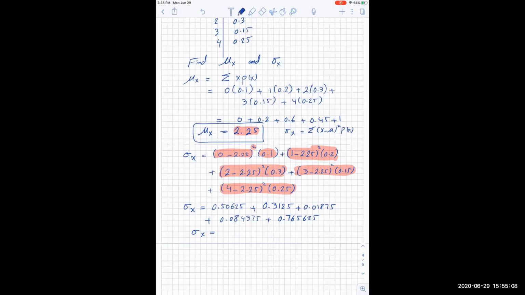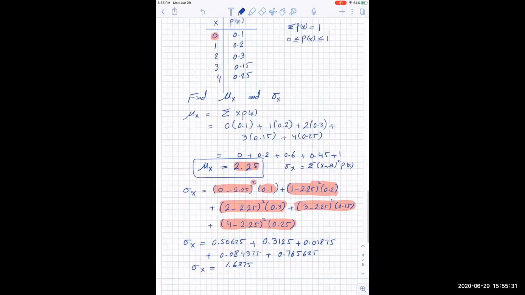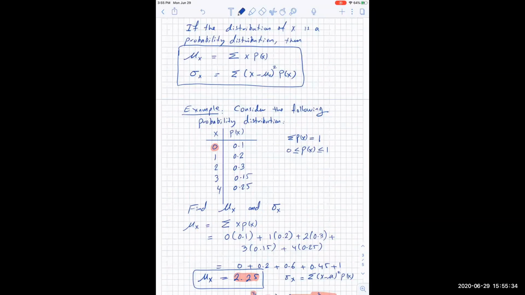And my total is going to be 1.6875. And you're going to put this under what? The square root. Actually, this is the variance, so this should be, can you please add the square root, guys? The square root for the standard deviation.